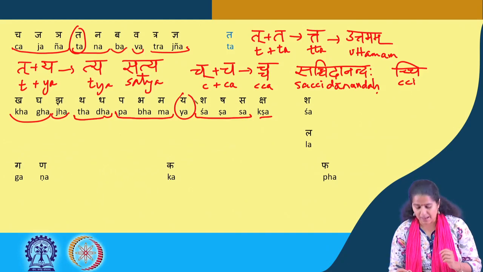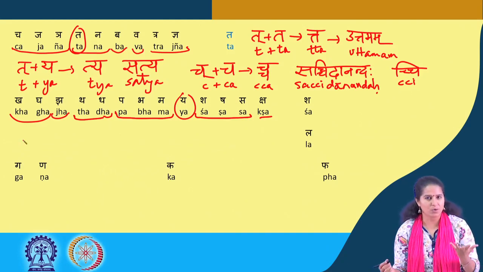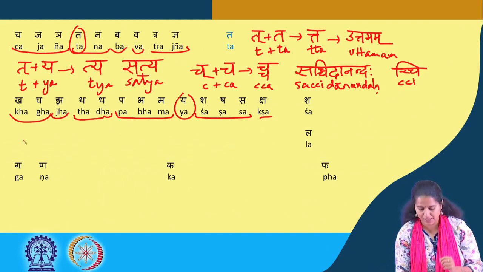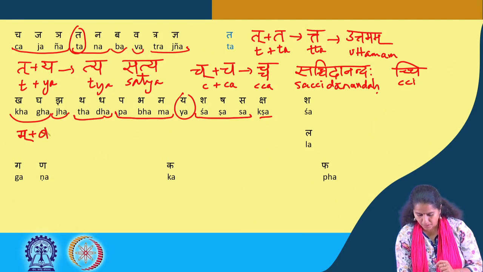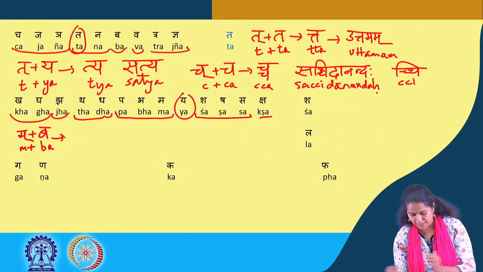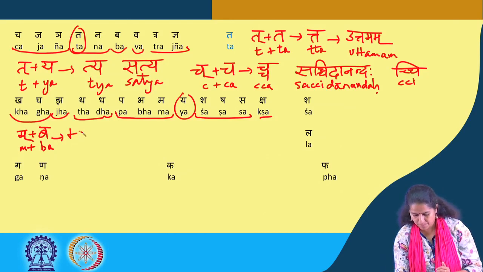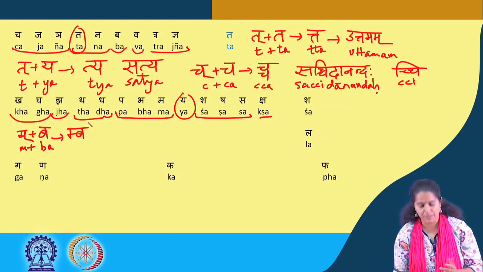So let's take an example of amba. It's a word that we are very familiar with and we keep looking at in the feminine with a ending with a. So we have na plus ba. Now what happens is, I said the second stick drops and connects to the next, so it becomes mba.